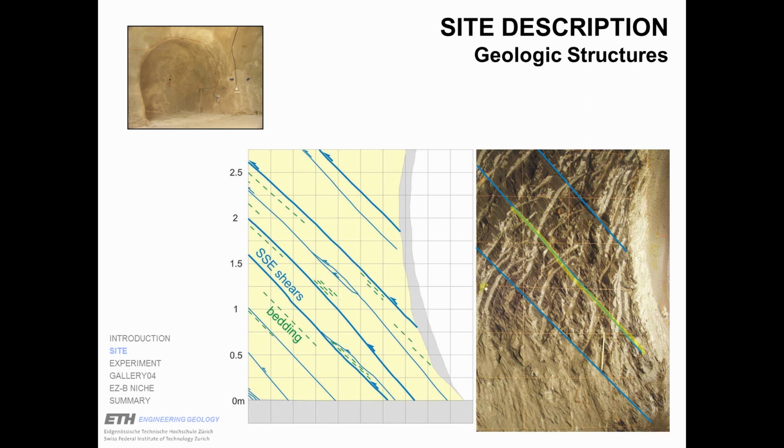In addition to these bedding parallel shears, you have what we call south-southwest dipping shears. They dip with a smaller dip angle in a slightly different direction, and these south-southwest dipping shears are also normally very thin and not so easy to see in the field. So these are important heterogeneities which have a big impact on the detailed geometry of damage and fracturing in the EDZ.